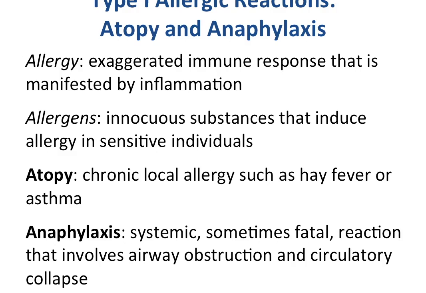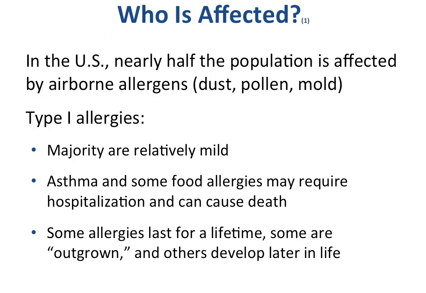The allergen is the substance that can induce allergy. Atopy means chronic local allergy, such as hay fever or asthma. Anaphylaxis is a systemic or even fatal reaction that involves airway obstruction and circulatory collapse.